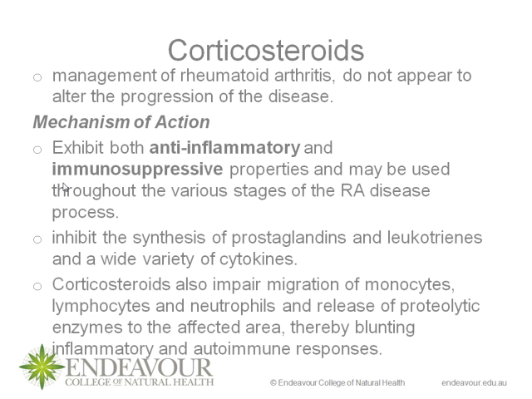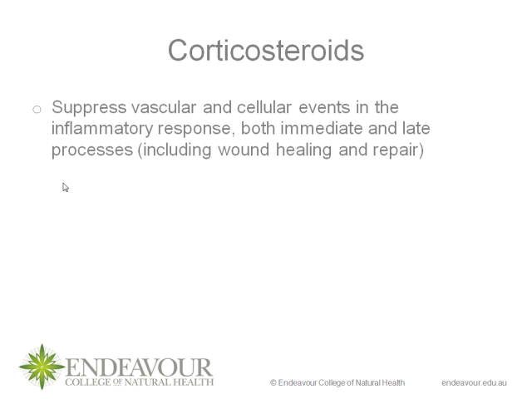The sum total of all these effects is to blunt inflammation and any autoimmune responses. So very good in rheumatoid arthritis. Corticosteroids suppress vascular and cellular events via that suppression of inflammation. It is both the immediate responses of inflammation and any late responses, such as wound healing and repair, that are also suppressed.